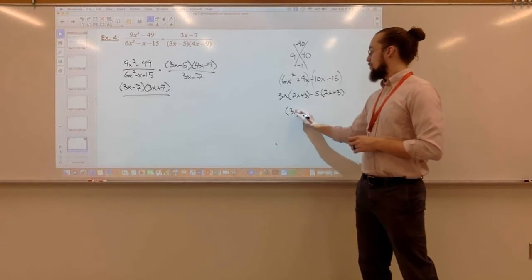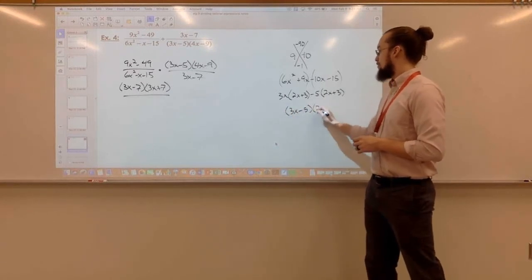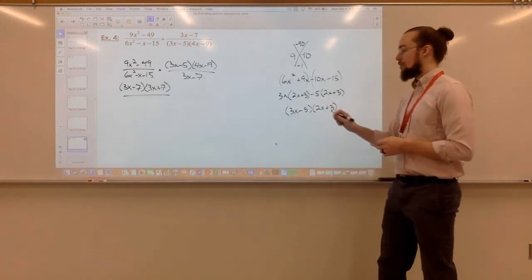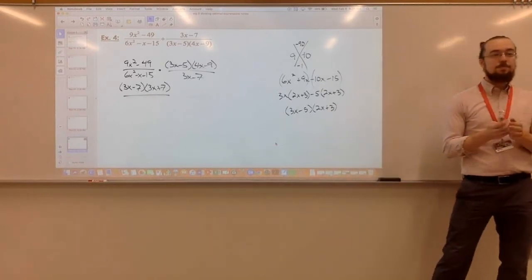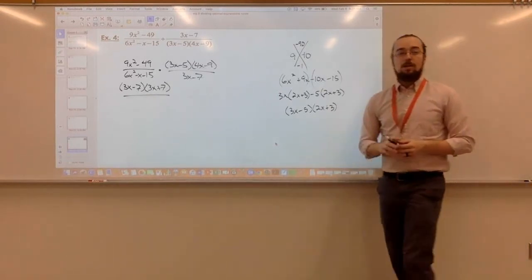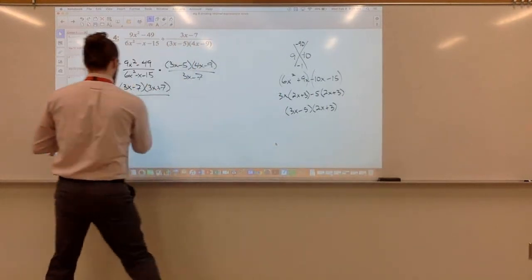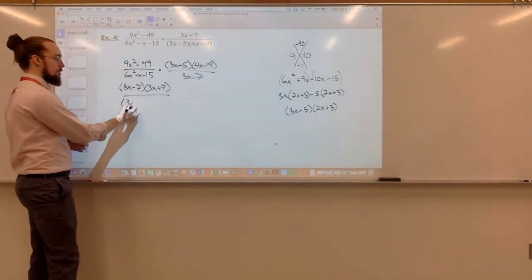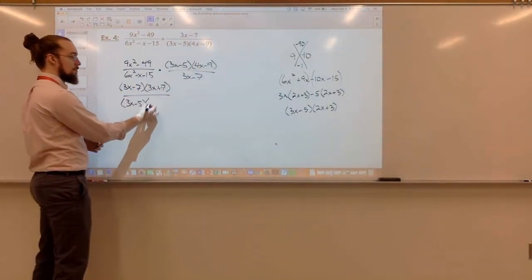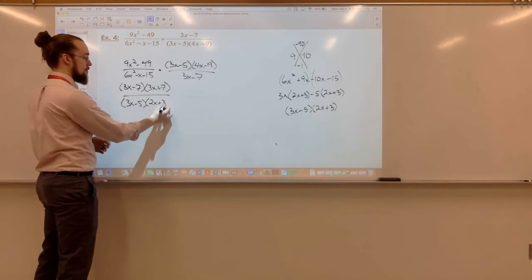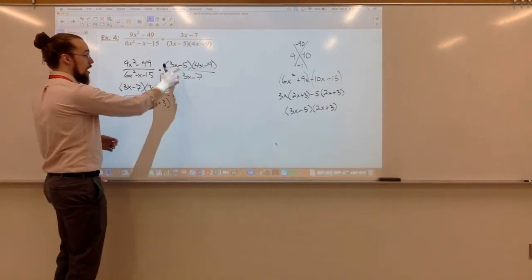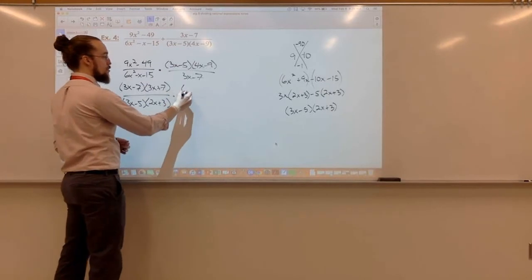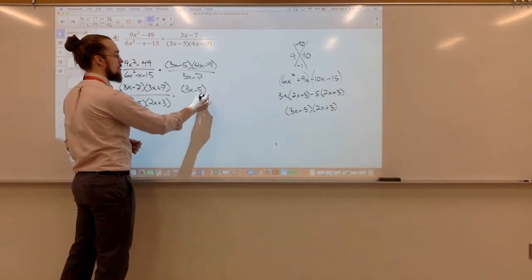So my factored form is 3x minus 5 times 2x plus 3. So that I can put in my denominator here. Then everything over here is already factored for me.